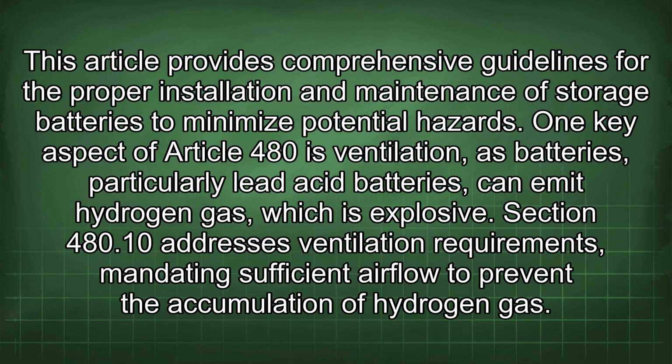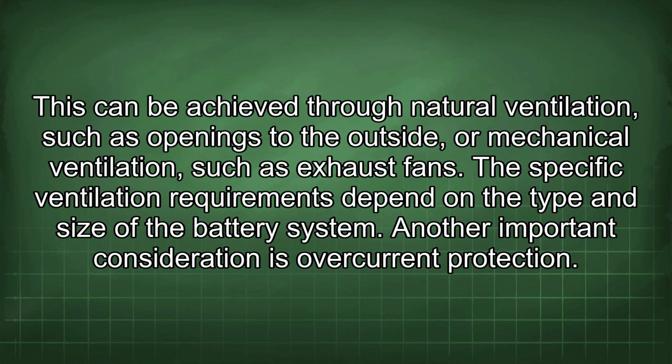Section 480.10 addresses ventilation requirements, mandating sufficient airflow to prevent the accumulation of hydrogen gas. This can be achieved through natural ventilation, such as openings to the outside, or mechanical ventilation, such as exhaust fans. The specific ventilation requirements depend on the type and size of the battery system.